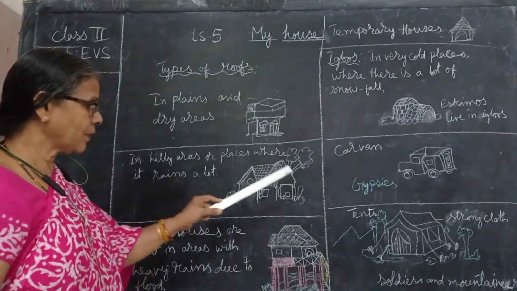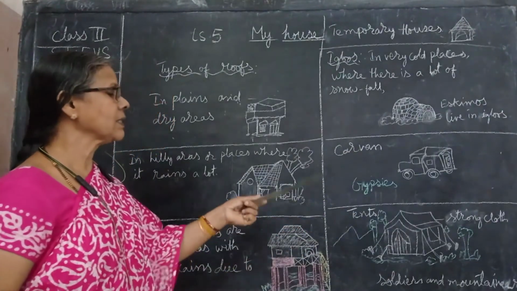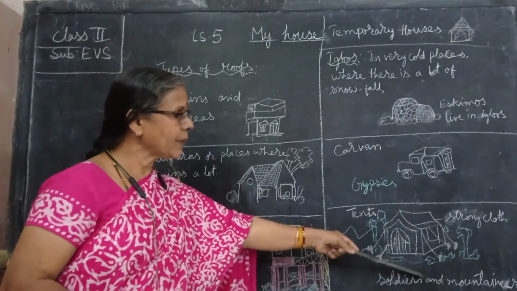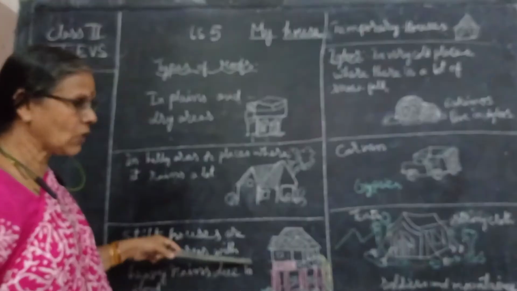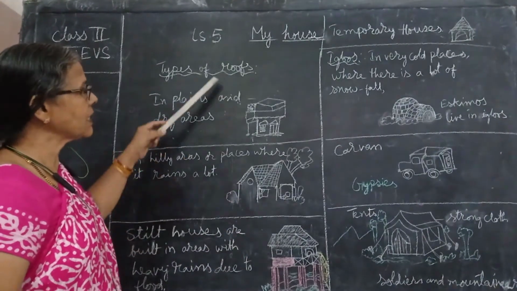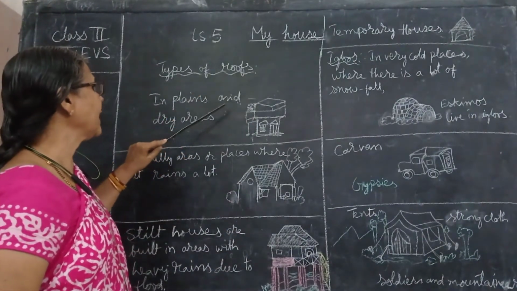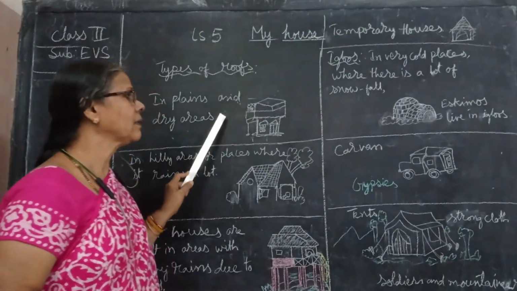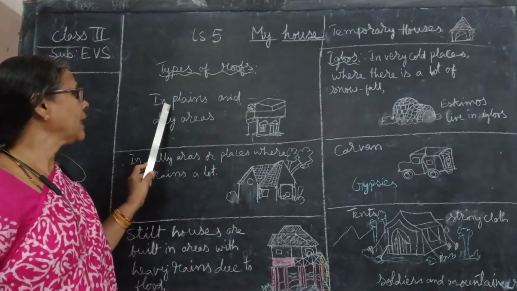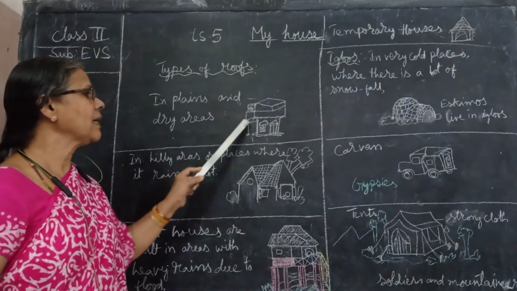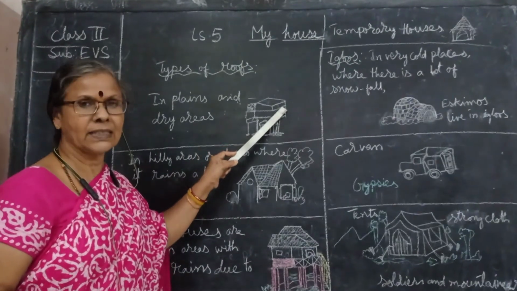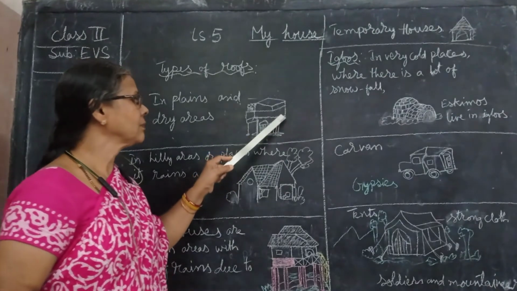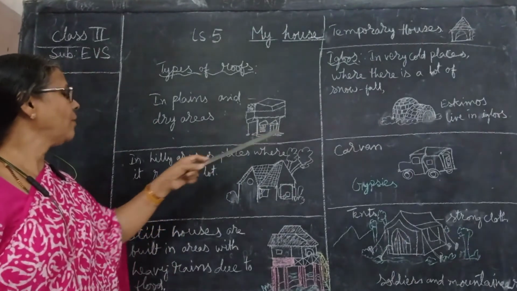So this type of this and this, you can see these are temporary houses and these are the permanent houses. Permanent houses in plains and dry areas, you will find the roof of the houses are flat, plain and flat.